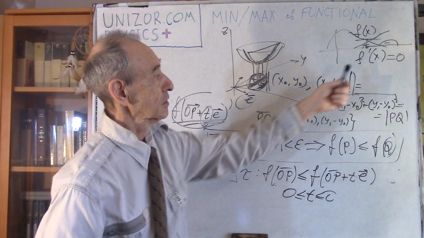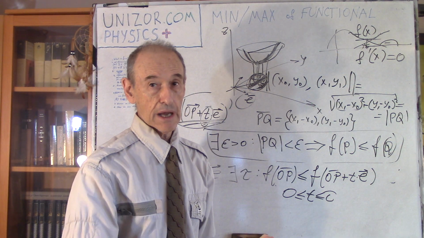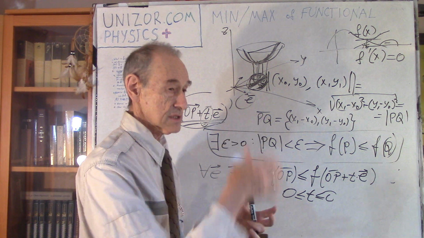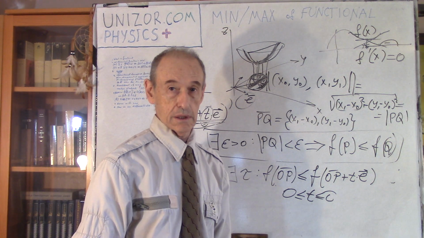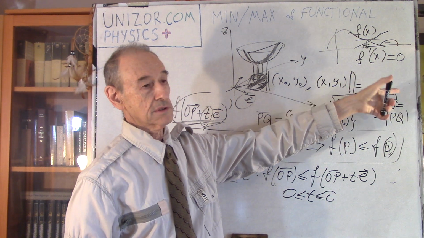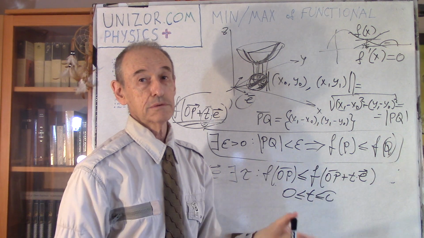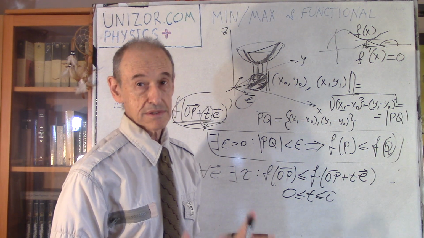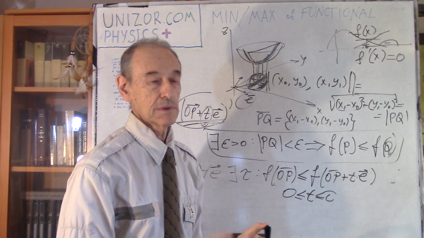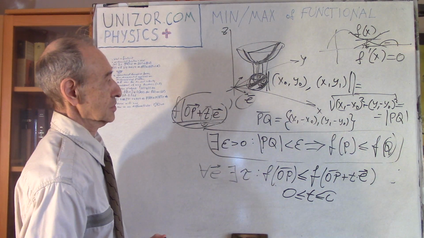So if the partial derivative of function f of n arguments against every argument is equal to 0 at some particular point, so it's a system of n equations with n unknowns: the partial derivative with respect to the first argument, the second, the third, etc. All partial derivatives should be equal to 0. Then you can suspect that this is a minimum, or maximum, or some kind of a saddle point, but anyway, it's a critical point. It's a stationary point, as mathematicians call it.